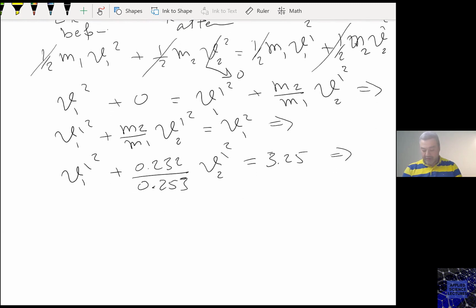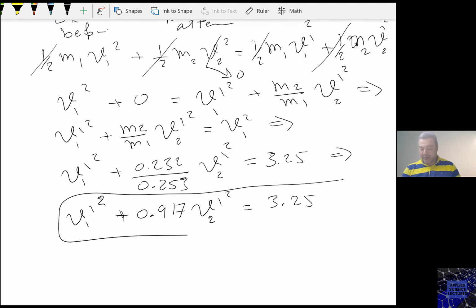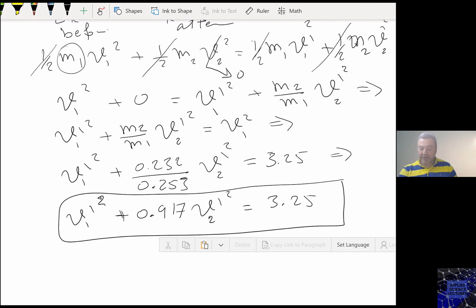And this is V1 prime squared plus 0.917 V2 prime squared equals 3.25. This is my first equation. See how I got rid of the M1, made my equation simpler.